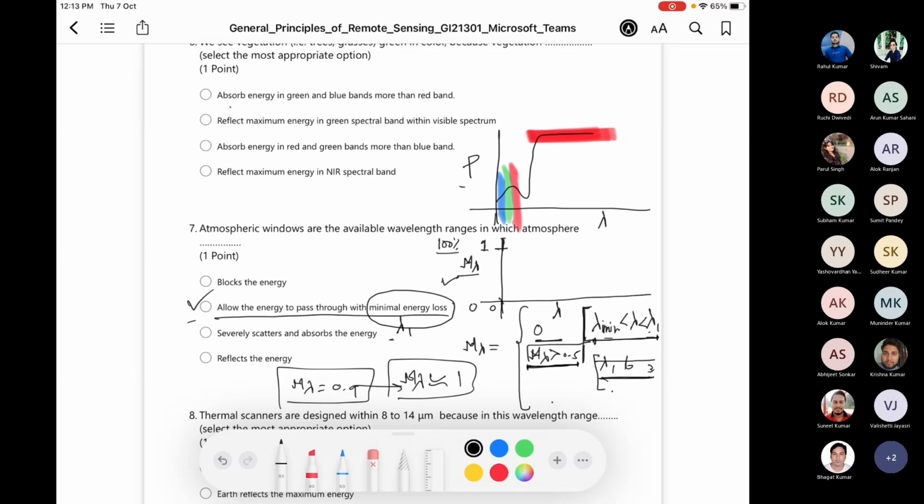Loss is 10%, while 90% of the energy is transmitted and only 10% is lost. So minimal energy loss is what you need to see, it is defined.